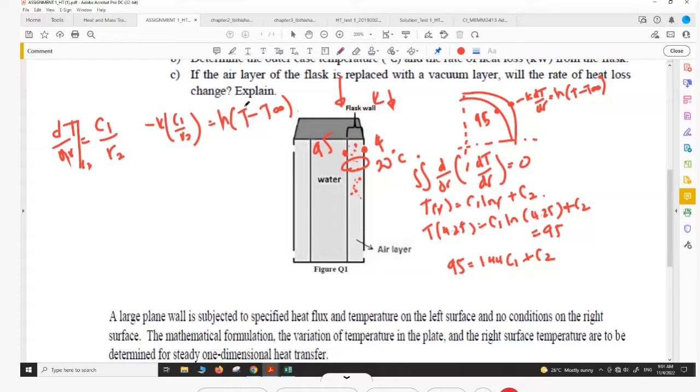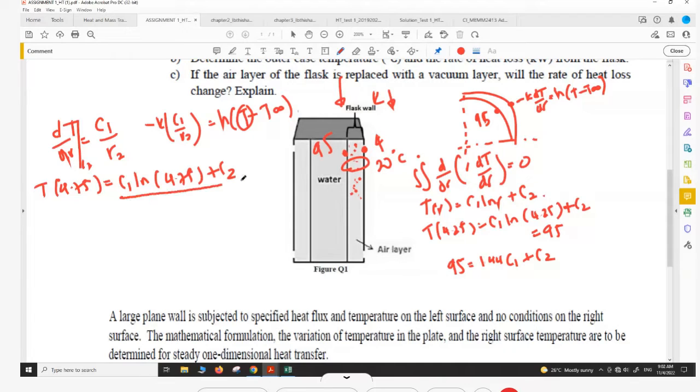Alright, so this T represents the T at the outer wall. You're going to use this equation to get a function of T at the outer wall. So T at 4.75 is equal to C1 ln 4.75 plus C2.